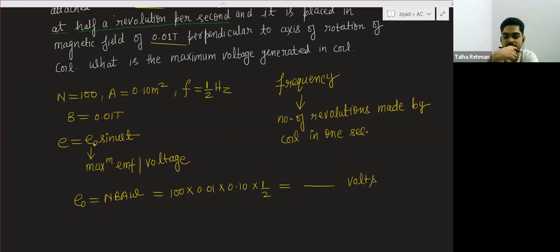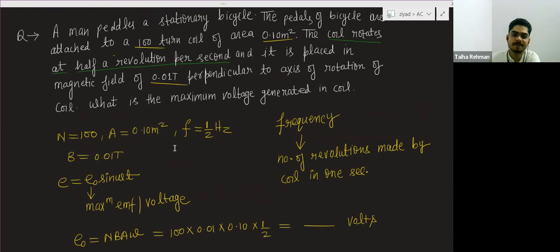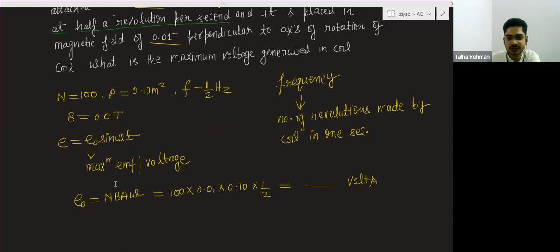Why will we not divide by 100? Because the formula is NBA omega, and I am just putting the values according to this formula. N is 100 here, so that is why.